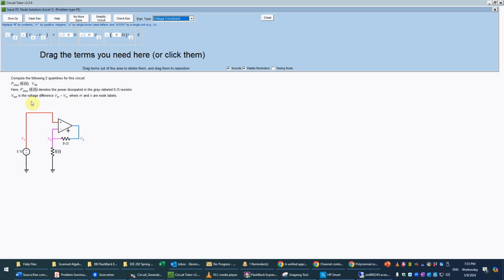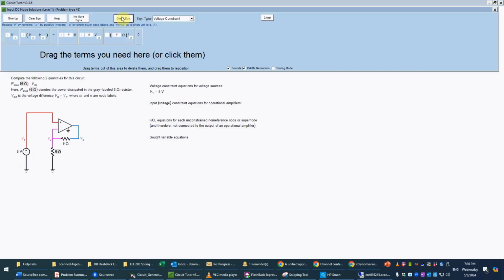So that just says that V1 minus 0 equals 5, so that's just V1 equals 5, and we'll just fill in those blanks there. I'm sorry, that's a plus sign, equals 5, and we can just check that equation, and that will be correct. And it also reminds us of the other types of equations that we will need to write.